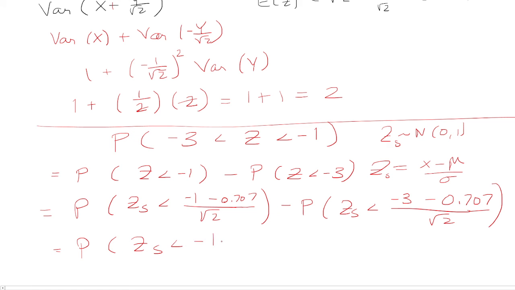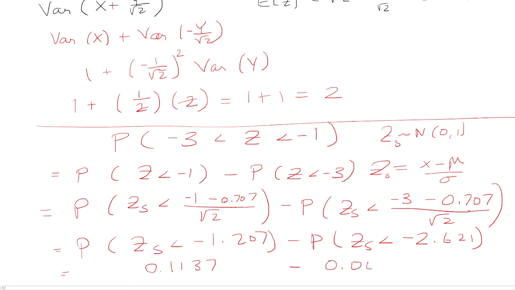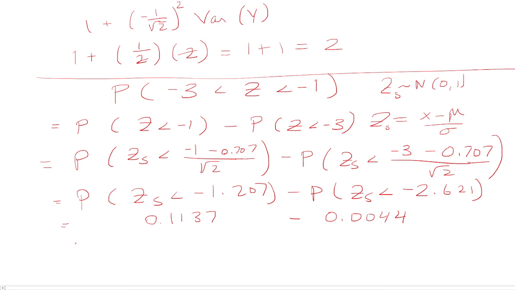So this will be the probability Z_S is less than negative 1.207 minus the probability Z_S is less than negative 2.621. So this will be good for using the tables. And then, because we want it to 4 decimal places, I'm going to put 4 decimal places for this one, and then 4 decimal places for the other one. So when I subtract these two, I get 0.1093 as my final answer.